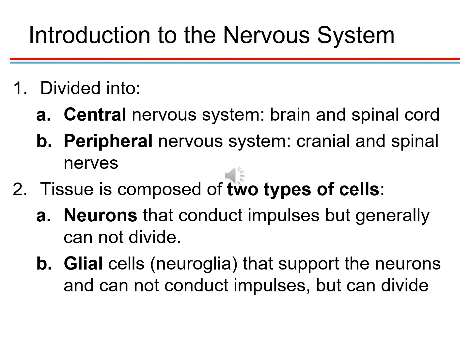If a neuron dies, that cell cannot be reproduced. The neuroglia, and there are different types, are the ones that support the neuron activity. In other words, they are in charge of creating the optimal external environment for the neurons in order to produce that electrical conduction pure and clear, and they can divide.